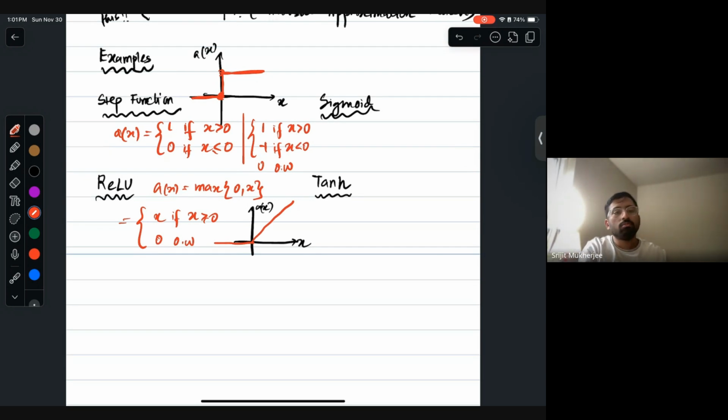So before discussing tanh, let's discuss sigmoid. The sigmoid is this, a(x) is equal to 1 over 1 plus e to the power minus x. Or you can say, if you remember yesterday, the probability essentially transforms everything between 0 and 1, like this.